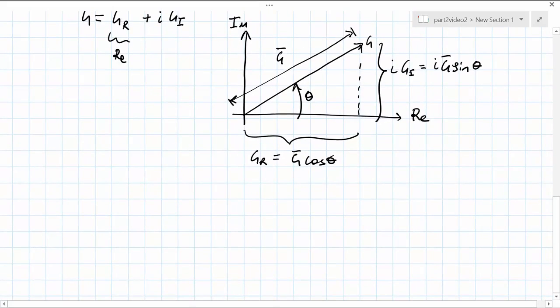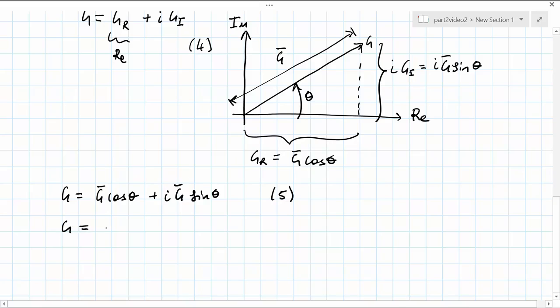From this, we can then say that g is equal to g bar cosine theta plus i g bar sine theta. This can be expressed also in exponential form as g equal to g bar exponential i theta. Just note that i is equal to the square root of -1.